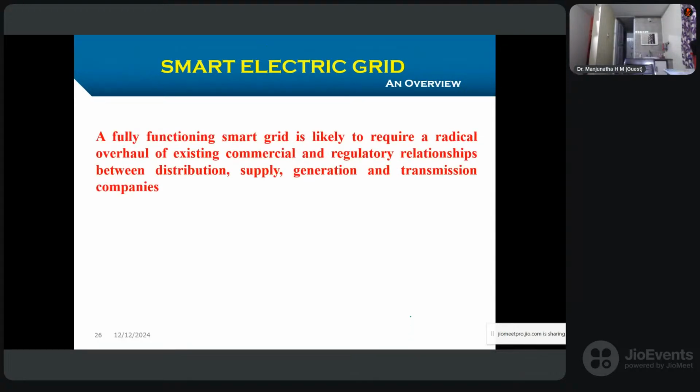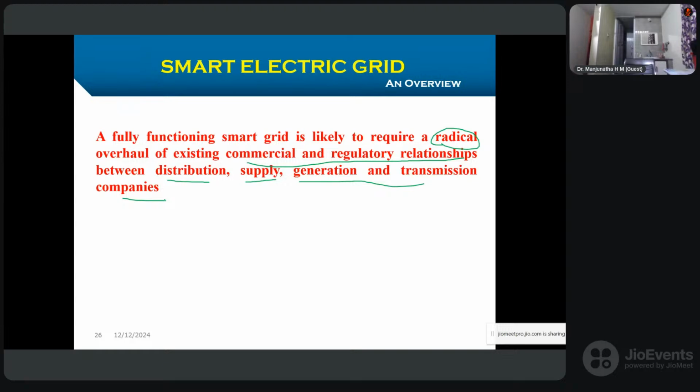So a fully functioning smart grid is likely to require a radical overhaul of the existing commercial and regulatory relationships between distribution, supply, generation, and the transmission companies. So please understand, in order to achieve the smart grid, it is not only the equipment or the technology that we develop, but it requires a radical change. Please note that it requires a radical change in the policies, commercial and regulatory relationship between distribution companies, supply, generation, and the transmission companies.